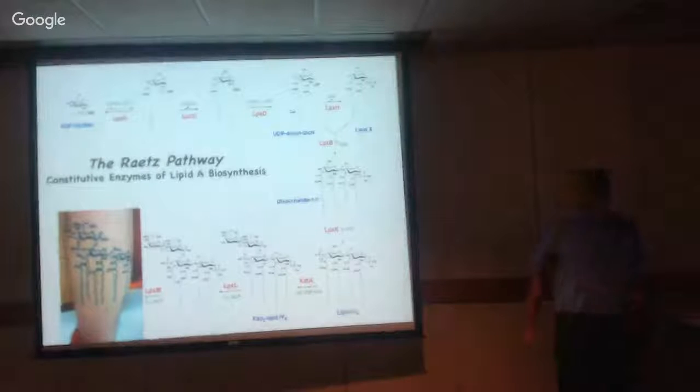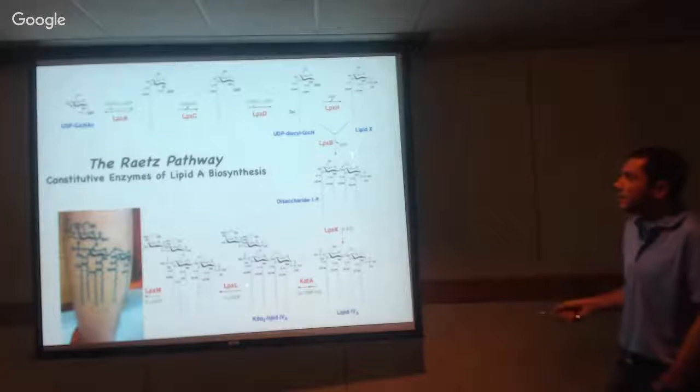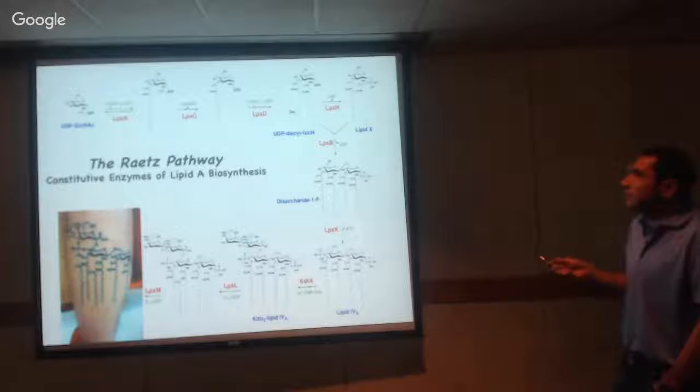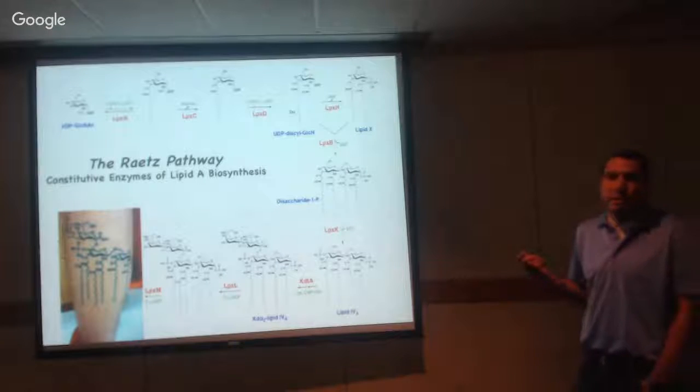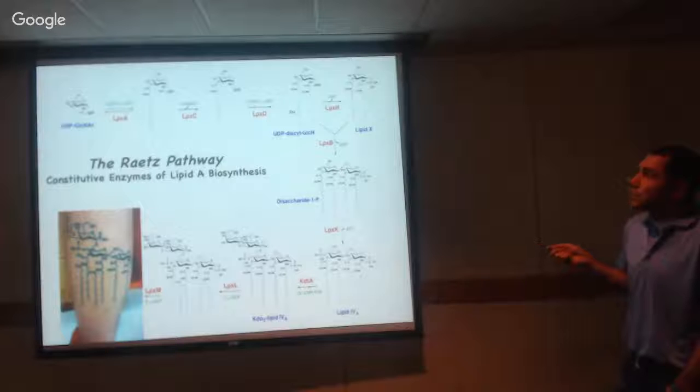Lipid A is synthesized via 9 enzymatic steps. These are constitutively active, and this is one of the most highly conserved pathways in gram-negative bacteria. So this is prevalent in most gram-negatives.